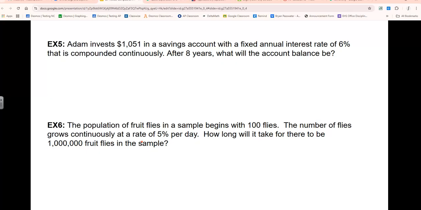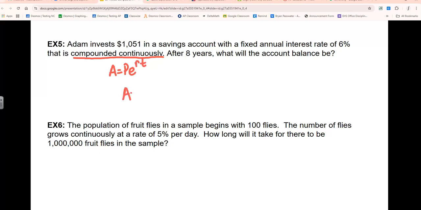Adam invests $1,051 in a savings account with a fixed annual interest rate of 6% that is compounded continuously. After 8 years, what will the account balance be? If you see compounded continuously, that means you're using P e to the rt.